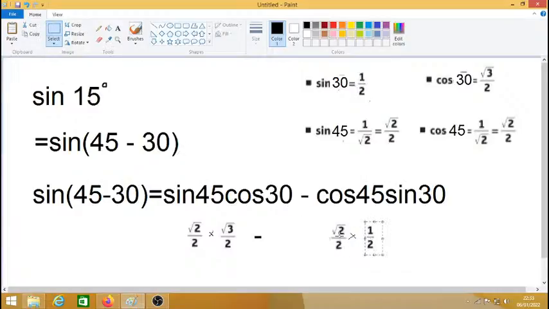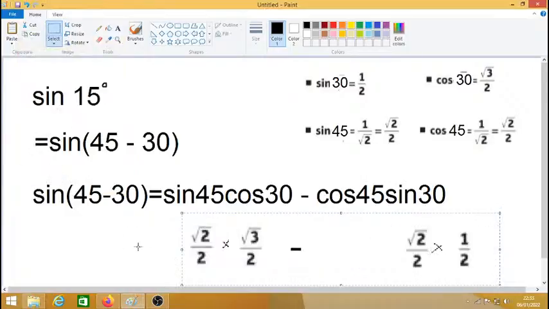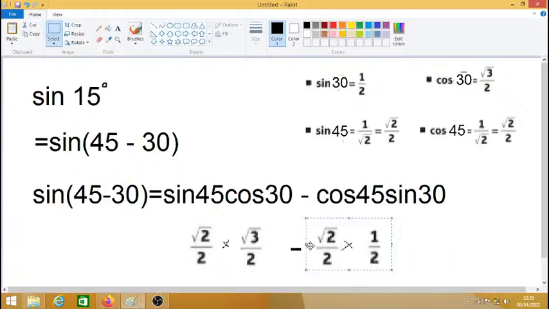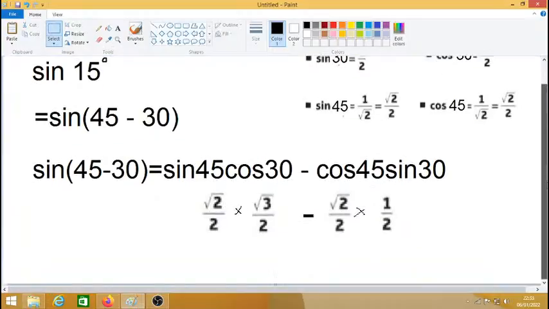And then let's just multiply out. We're just going to make these a little bit bigger so it's easy to see. Okay, and then just multiply out the fractions. You're hopefully comfortable with that. So the first pair at the top, we'll have root 2 times root 3, which is root 6 over 4. And then let's go on to the second pair.